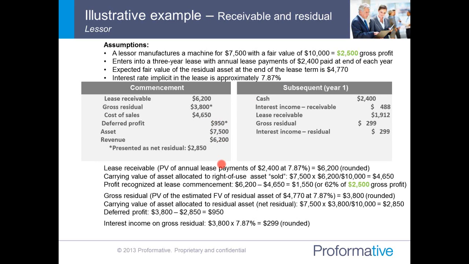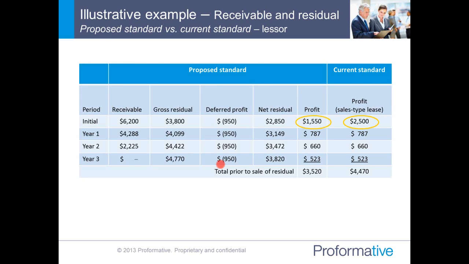But otherwise, it's the same as current direct finance lease accounting and sales type lease accounting. I think in an effort to save time, we should continue.